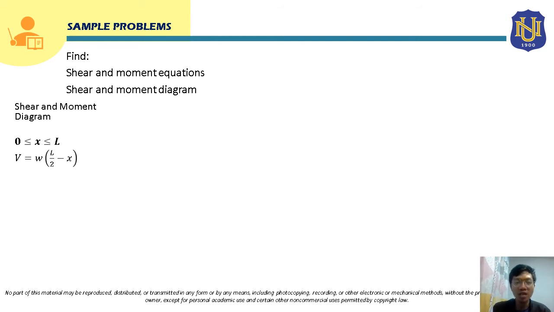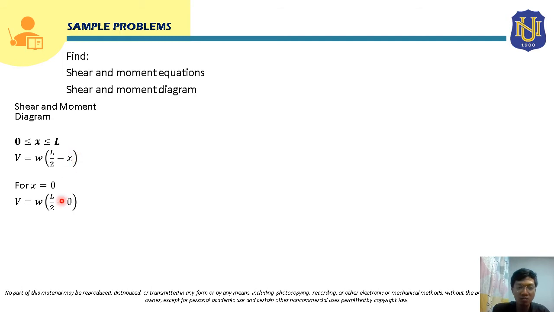Okay, so class, this is the equation for shear. Here we are going to substitute values of x to graph the shear. Let's say for distance x equal to 0, so that will be at the leftmost part of the beam. The shear there at x equal to 0: we just substitute this value of x at the variable x.